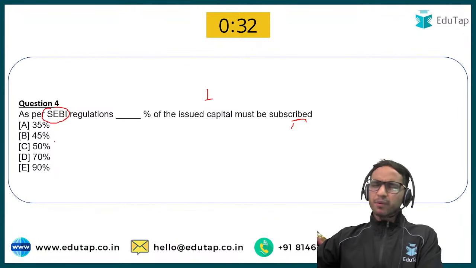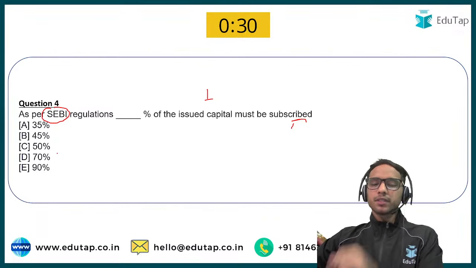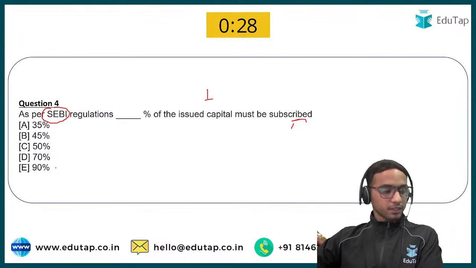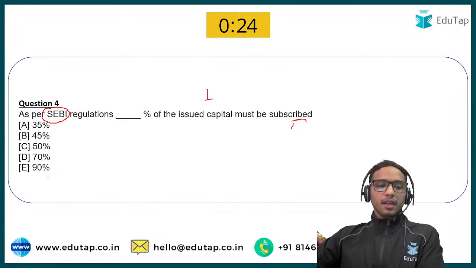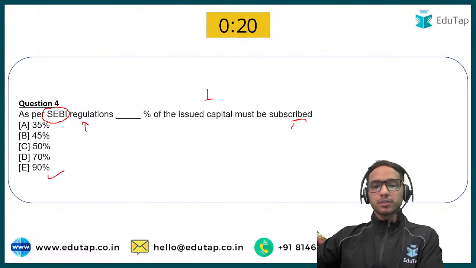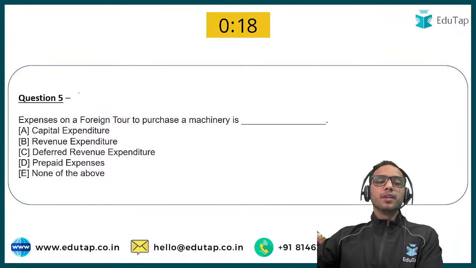So 35%, 45%, 50%, 70% or 90%. Let me check in the chat section. Yes, so the whole class is absolutely correct here. 90% is the limit as per the SEBI regulation that must be subscribed. So option number E would be correct here. Very, very good.